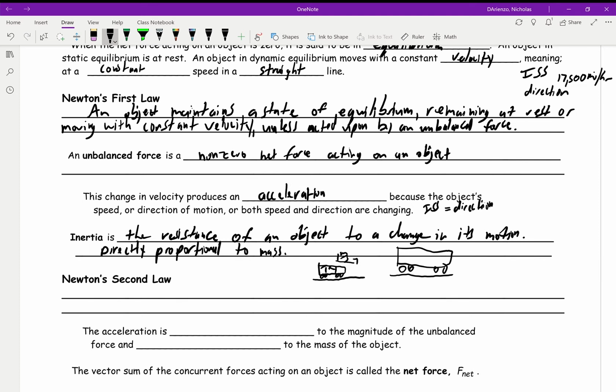I will put my clarifiers in here, toy and real. They're both moving forward with a velocity of 1 meter per second. So let's say the real one has a mass of 1,000 kilograms, and the toy has a mass of 1 kilogram. That's just to represent that the real train is significantly heavier than the toy train.